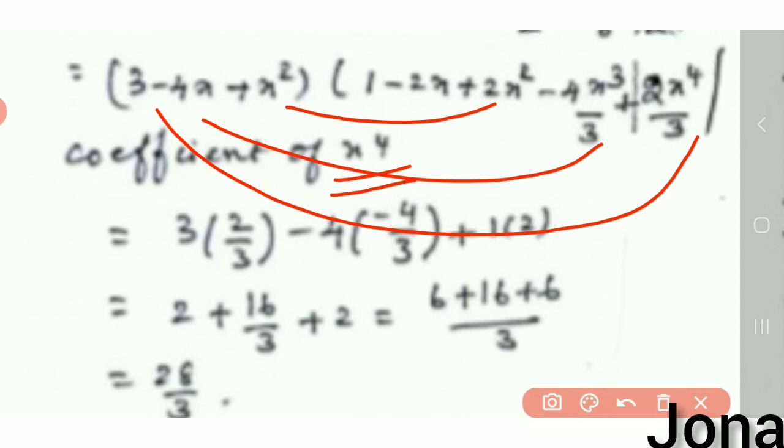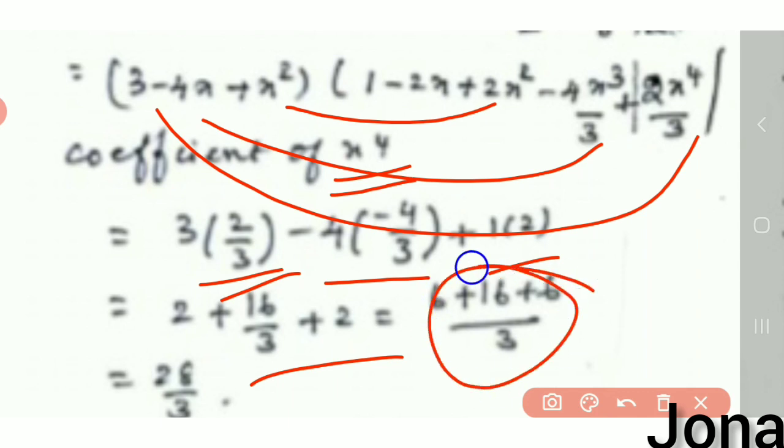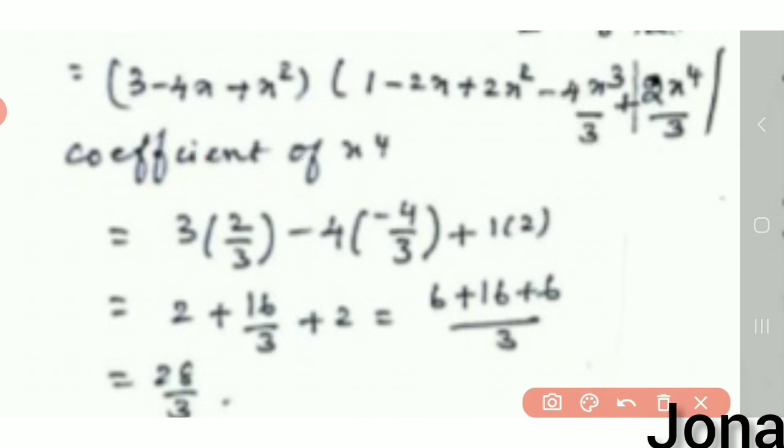So that is 3 into 2/3, then minus 4 into minus 4/3, and then 1 into 3. So we have 2 plus 16/3 plus 2. If you simplify these, we have 26/3.